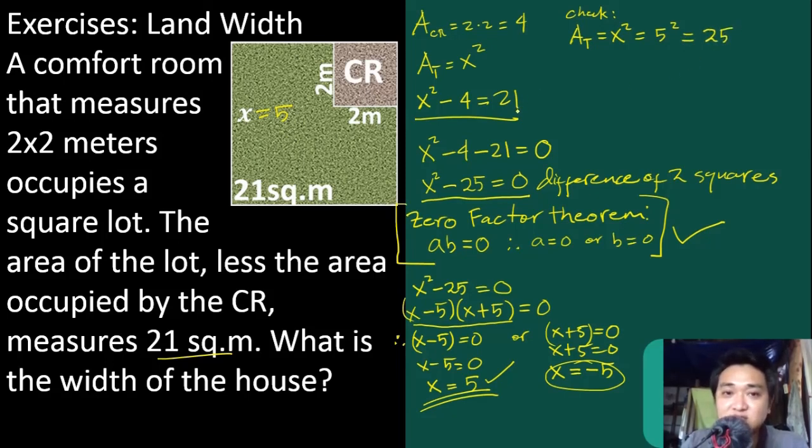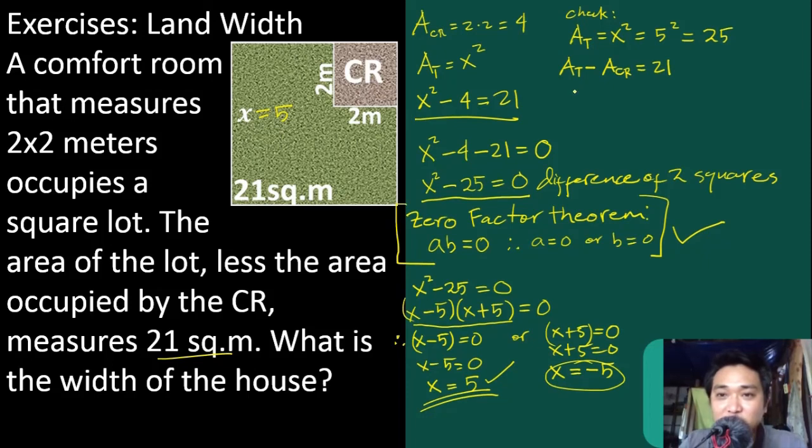Since the total area less the area of the CR is 21 square meters, we're going to subtract them. The total area minus the area occupied by the CR is equivalent to 21 square meters.